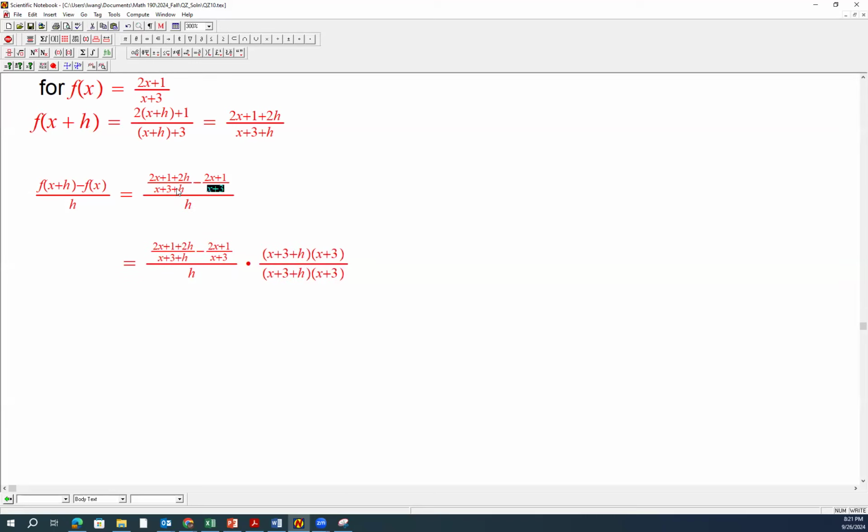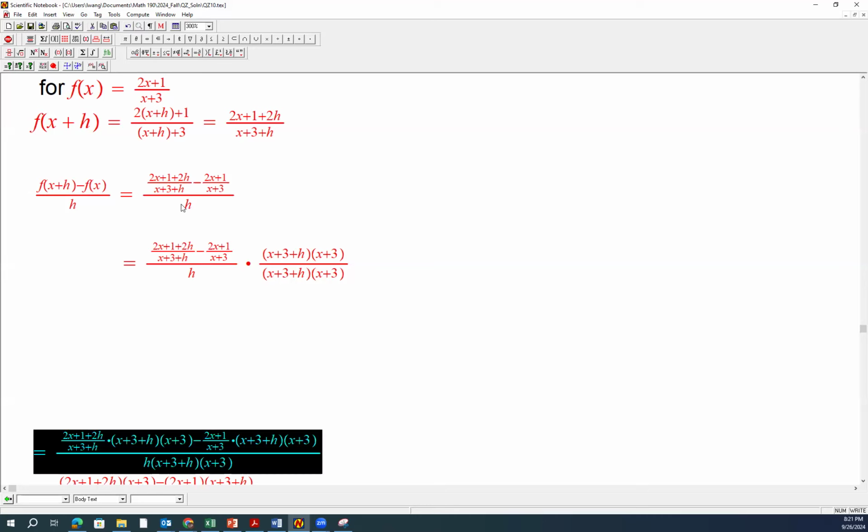So we really have 2 denominators, and to make a common denominator, that's the product of the 2. So we multiply the numerator by the common denominator, and we multiply the denominator by the common denominator. That's the next step, right? So we multiply by 1. Anything times 1 stays the same. So we apply that mathematical principle.